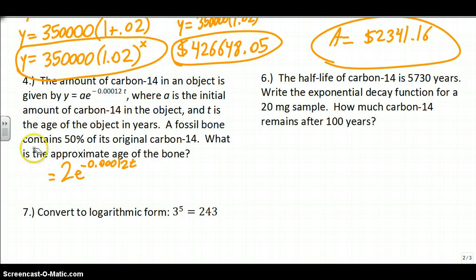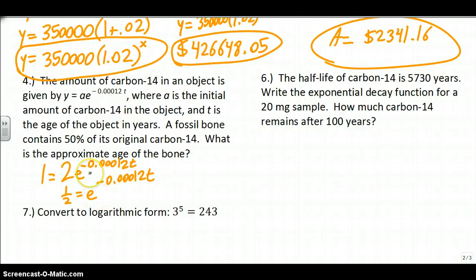The whole goal of this is what's going to happen when I divide everything by 2. It's going to be 1/2 equals E to this number. It's not the nicest problem in the world, but it's just an equation that you can solve. How do I undo the E?